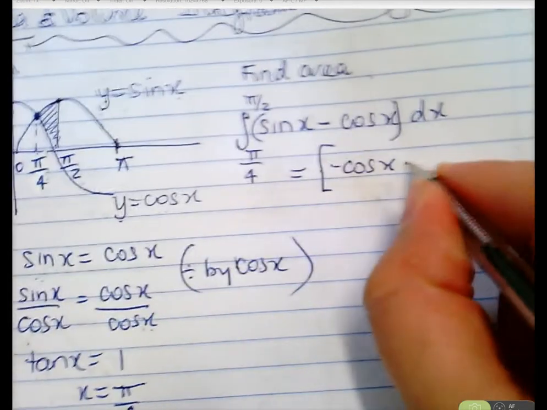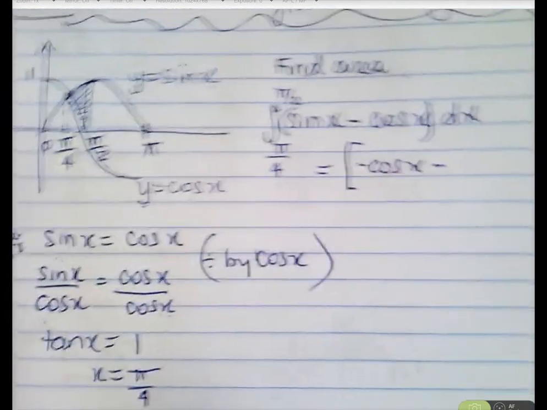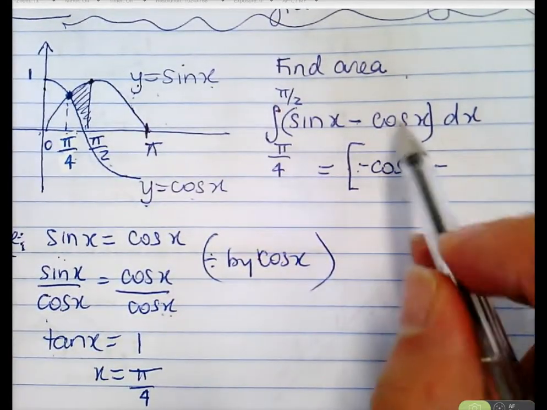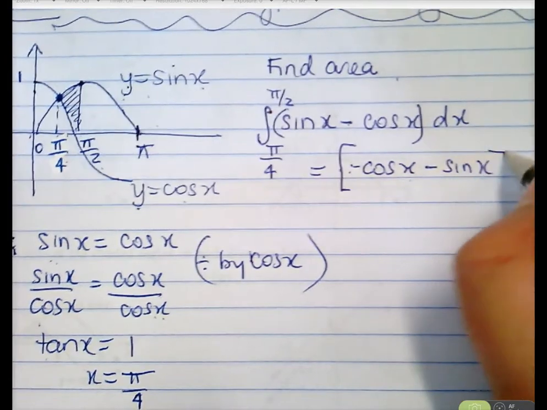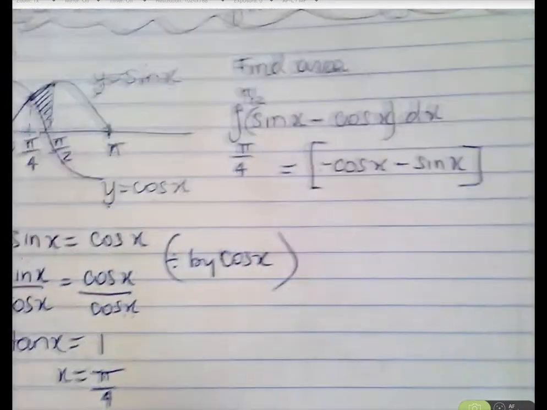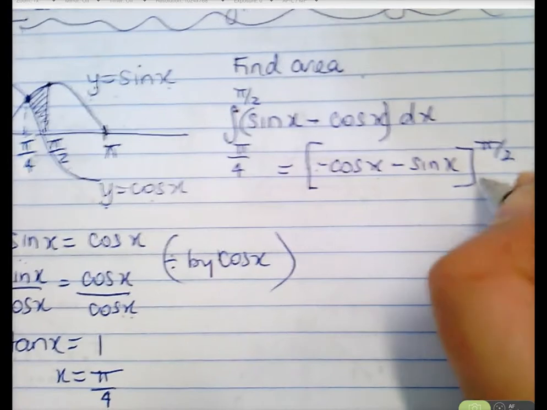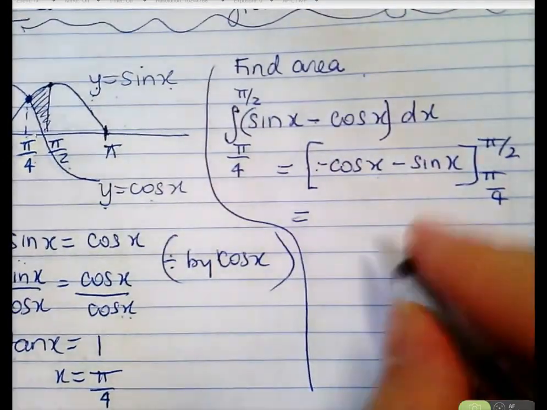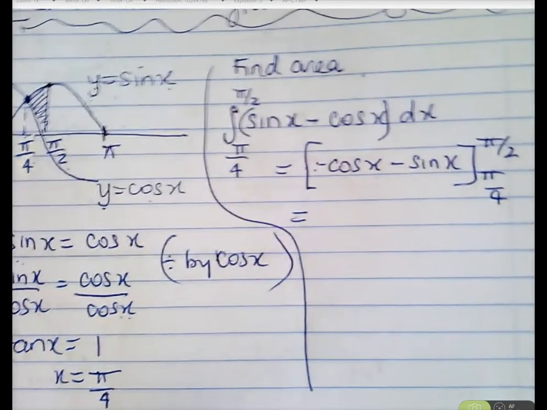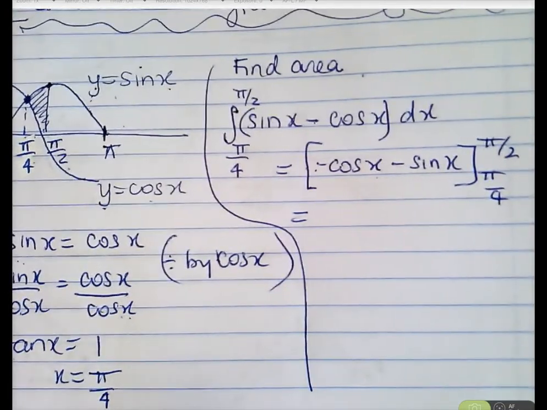So I get negative cos x minus, what do I get when I integrate cos? It just stays the same, it stays as a minus, between pi on 4 and pi on 2. And then you've got to substitute with negatives.